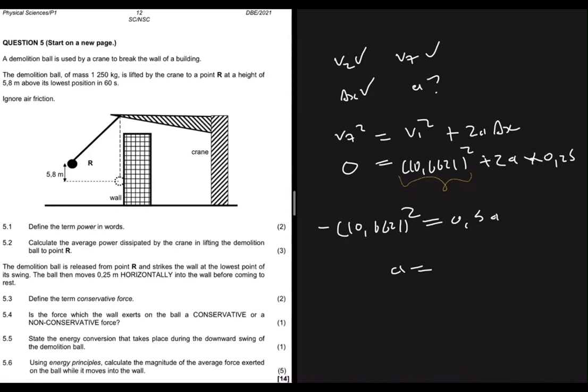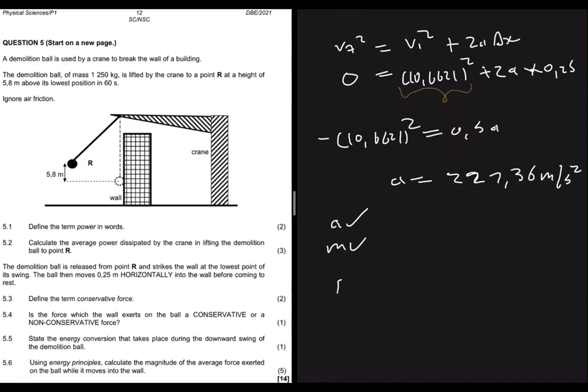10.6621 squared divided by 0.5, that is 7.36 meters per second squared, right? So now I have my acceleration, I have my mass, and I know fully well that F equals ma.